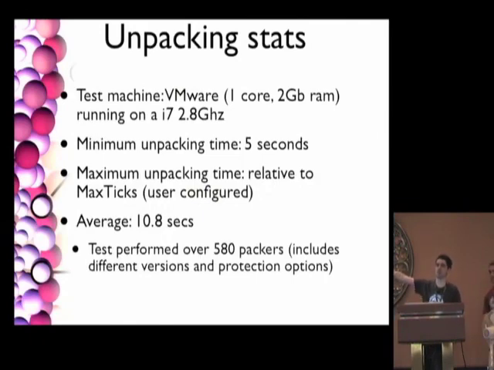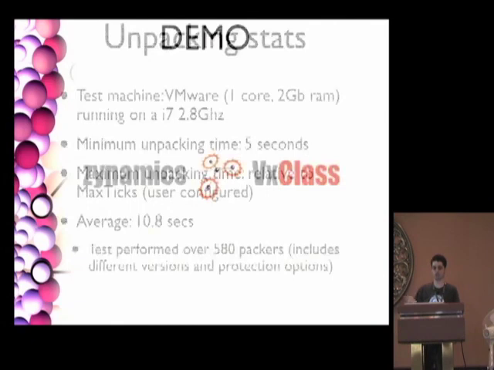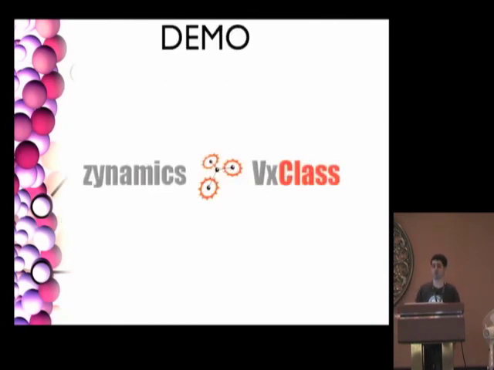I'm considering here different configurations, like the same UPX with no compression, UPX with maximum compression. That's why the number is so high. There are not almost 600 different packers. I'm including that. So the average we got in those tests is 10 or 11 seconds per sample.